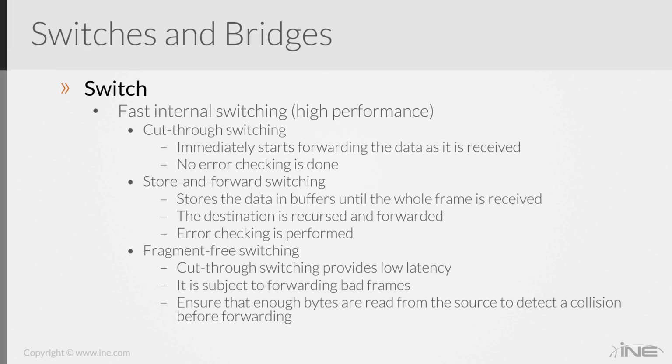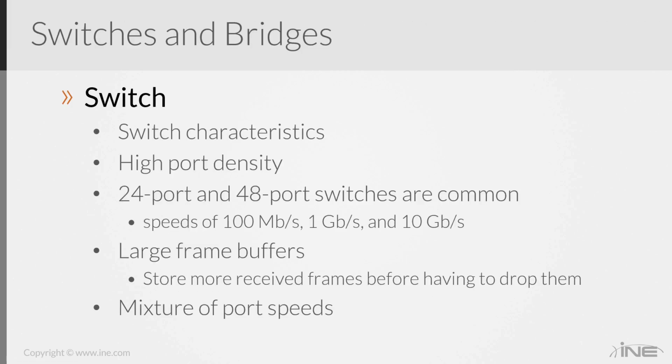Now, you might say, okay, how does that work? Well, it actually goes back to the buffers here. The bigger the buffer, the bigger the frames, or the more of them you can hold at the port level. One of the things I want you guys to be aware of, with all the stuff we've been talking about so far, is that we haven't gotten into the components of a switch, like the RAM, the ROM, things like that.